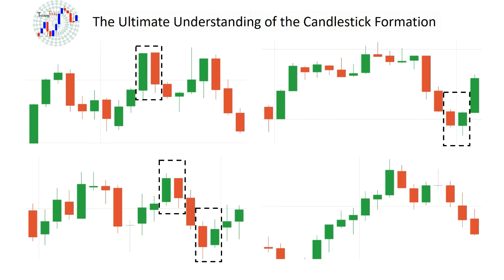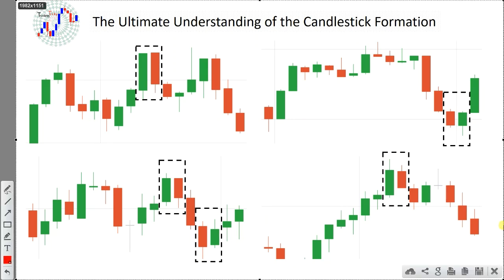Can you find something interesting here? Okay, so here it is. This is a tweezer tops pattern, and see, this is a very dangerous candle, as I told you in an earlier video and in my educational courses too.